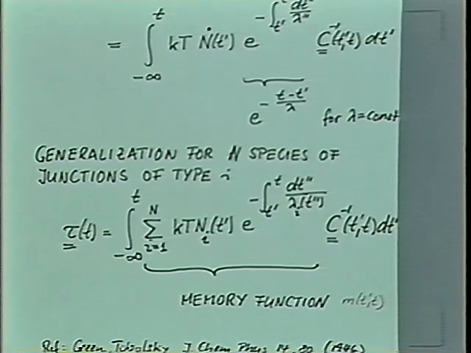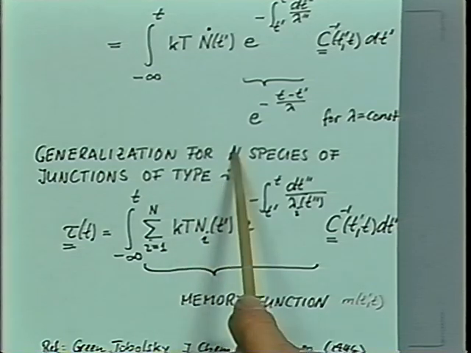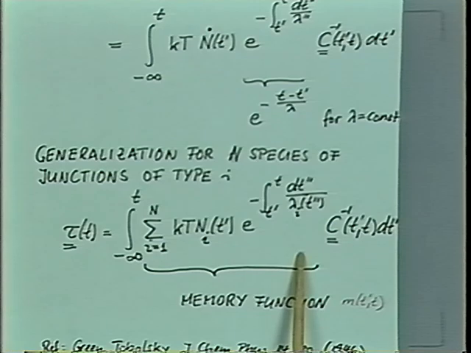A further assumption is introduced, saying that we do not have just one species of junctions, but a whole range of different types of junctions, say of type i, and we have n of those, and each of those has its own relaxation time. This gives us the relaxation time spectrum, because of the spectrum of junctions we are looking at.